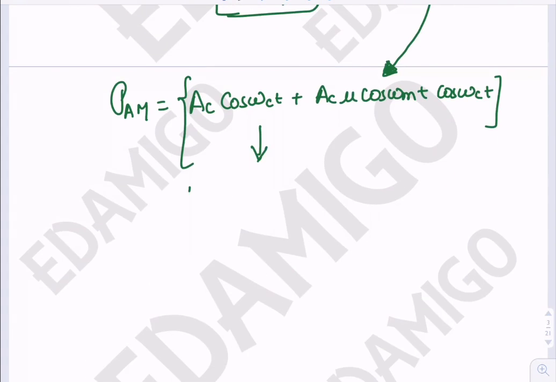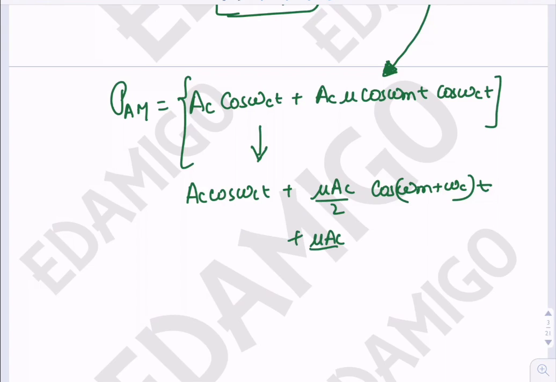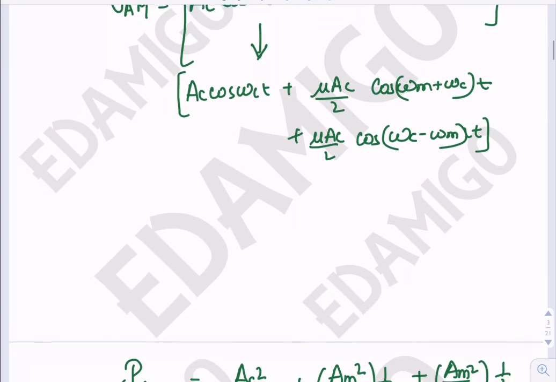This can be written as AC cos omega ct plus mu AC by 2 cos (omega c plus omega m) t plus mu AC by 2 cos (omega c minus omega m) t. Okay, so this is the signal.